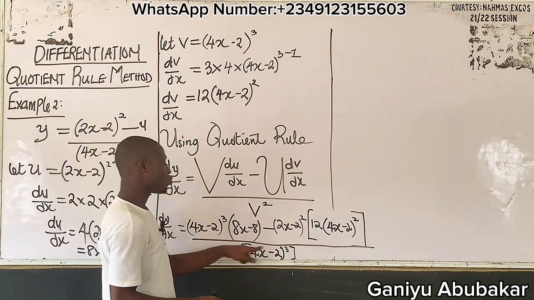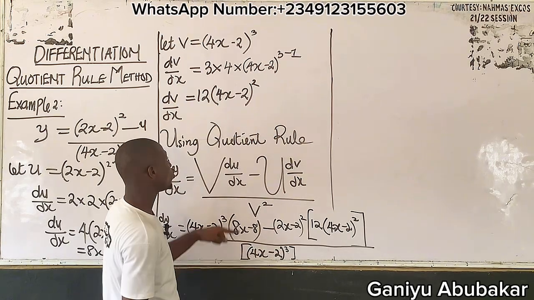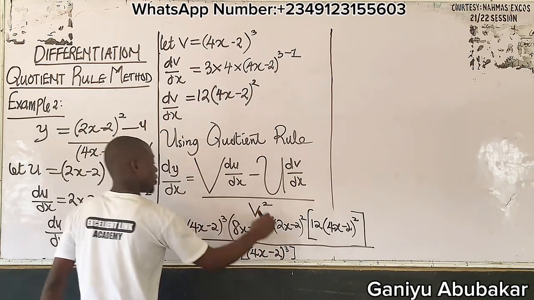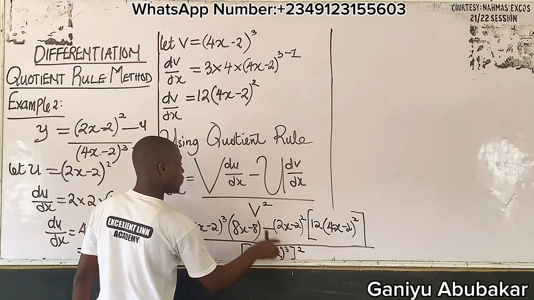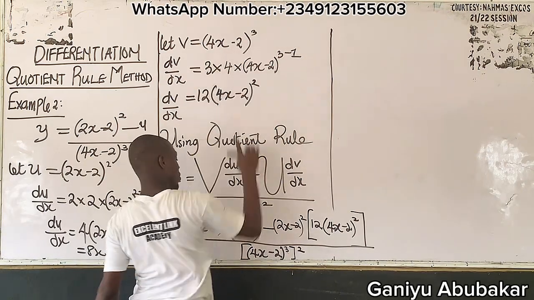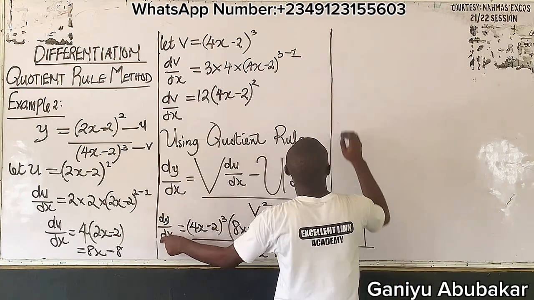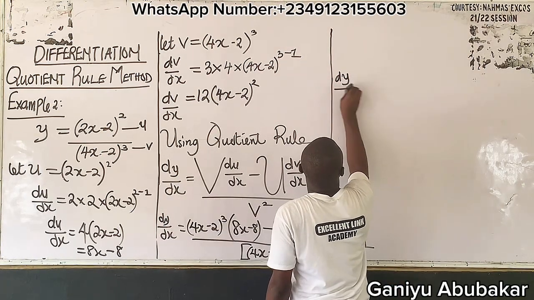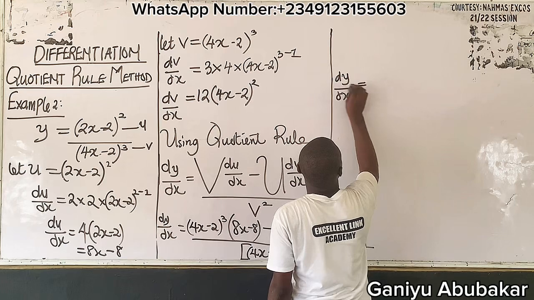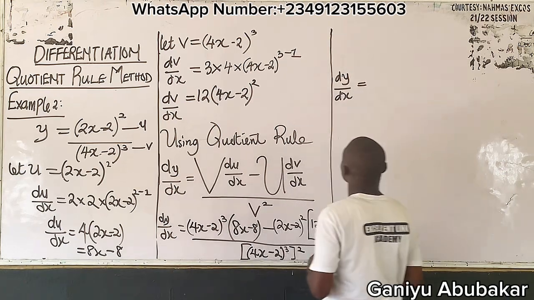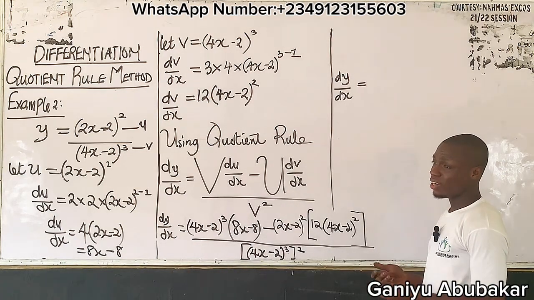Observe square brackets, then round brackets, but mind you, there's always a square outside. This is a square here. This 3 is from that v initially. So I have this. Let's proceed, please. From here, dy/dx is equal to, your next task now is the ability for you to simplify.